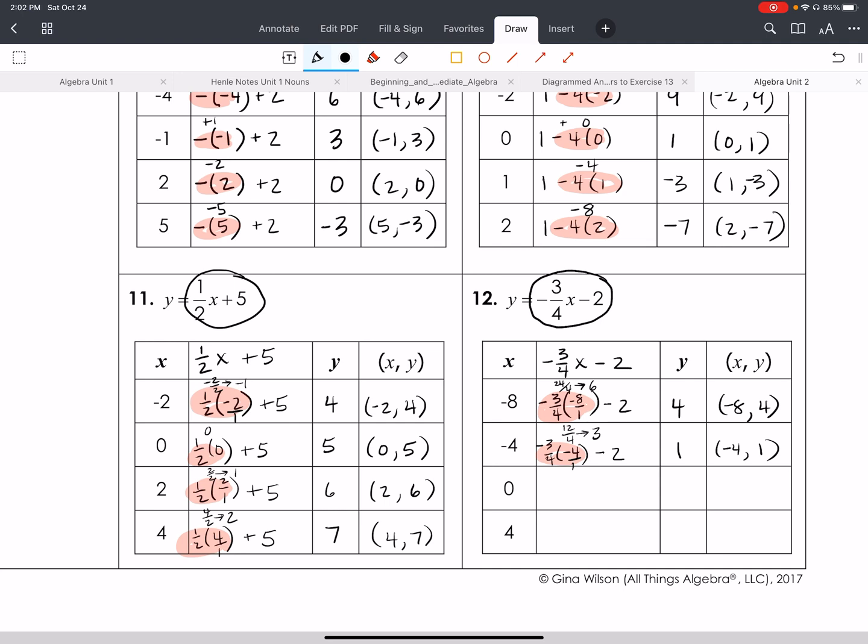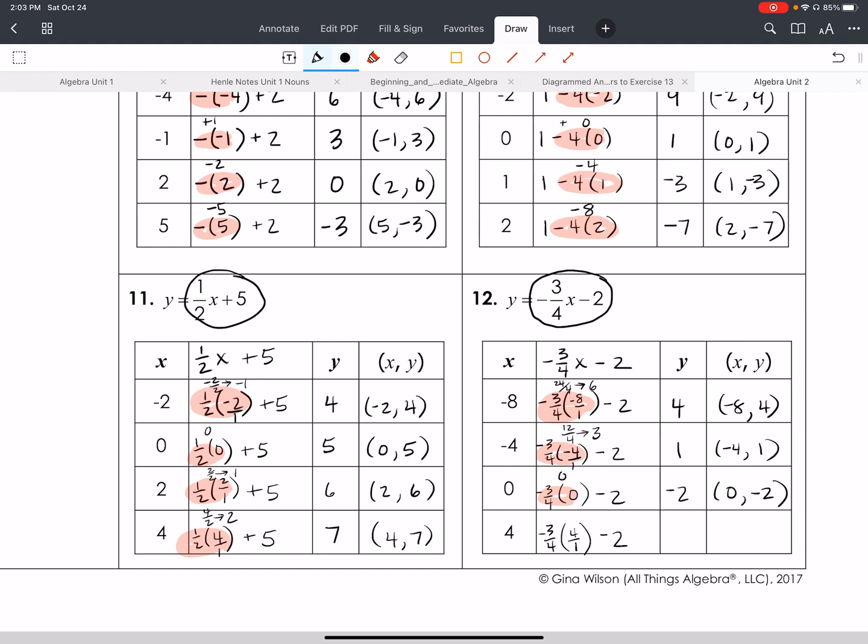Beautiful, 0. So -3/4 times my new input 0, minus 2. Anything times 0 is just 0. 0 minus 2 is -2. All right, so when I put in 0, I get out -2. And then finally, the last one, here's a positive number. So if I've got -3/4 times, I'm going to put it as 4 over 1 to make my life easier.